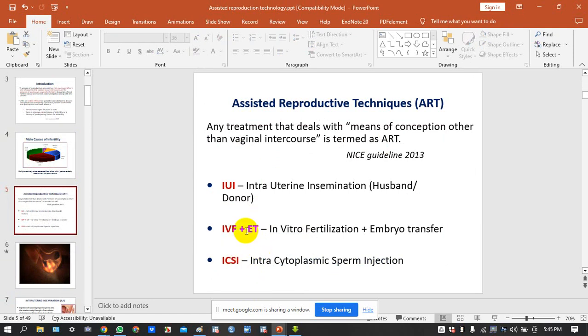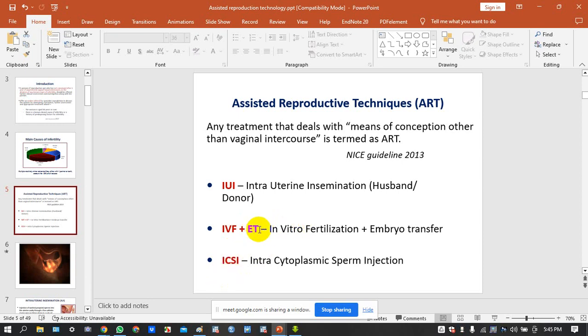when the woman is forced to produce the egg, then there will be what? They will harvest the man's sperms also. And most of the time, the IVF situations, they use it to solve oligospermia, that's low sperm count.